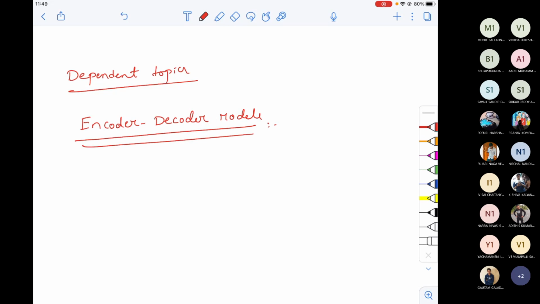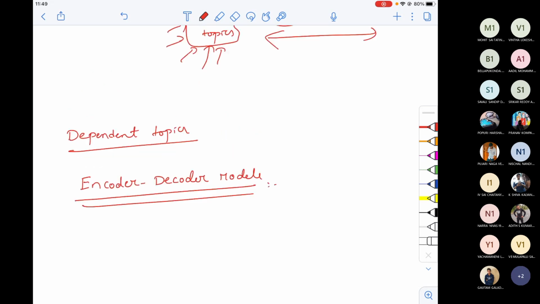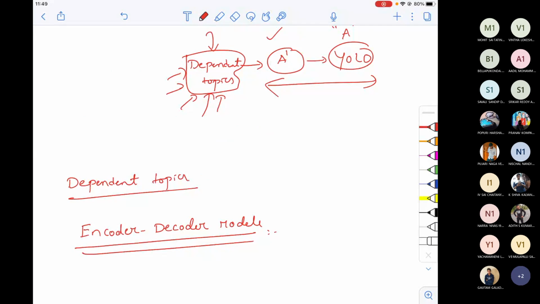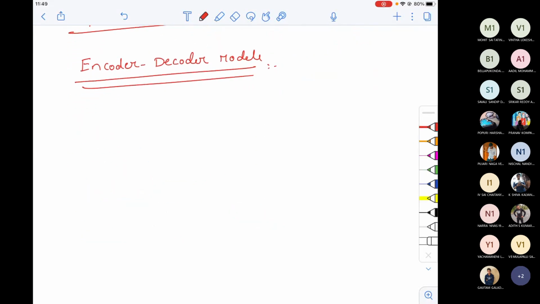This knowledge will help you understand these architectures well. Now, what is an encoder? What is a decoder? You have already studied this topic in your module 4, but I never used the terminology encoder and decoder because I didn't want to confuse you at that point.